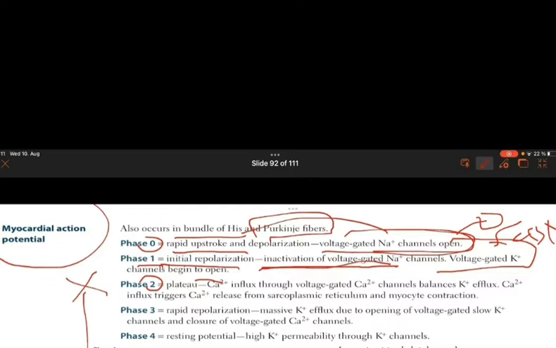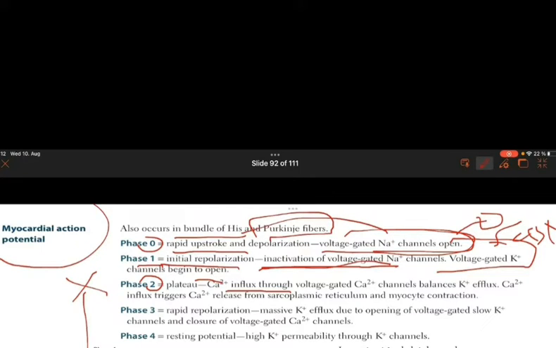How does this calcium plateau occur? You have influx through the voltage-gated calcium channels, which balances the potassium efflux. You have a positive ion going out of the cell, which is potassium. Now you need positive ions to get into the cell.